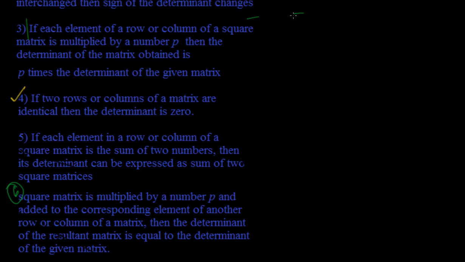Let's try to simplify this. Let us say this is A1, B1, C1; A2, B2, C2; A3, B3, C3. There is a matrix.